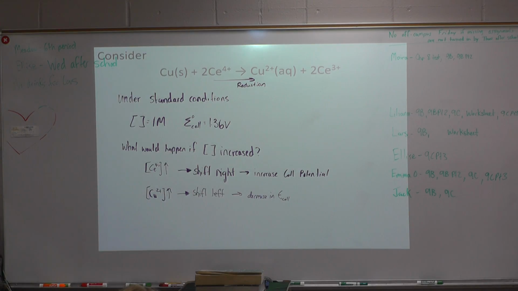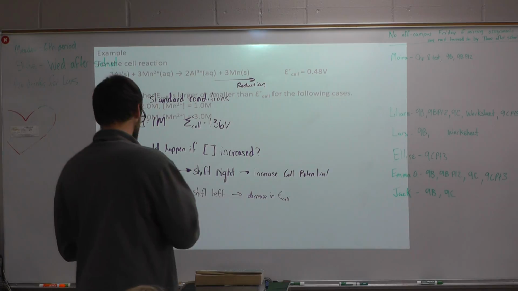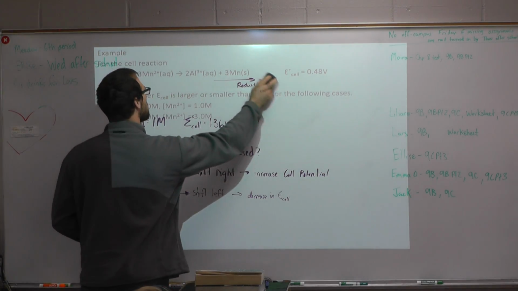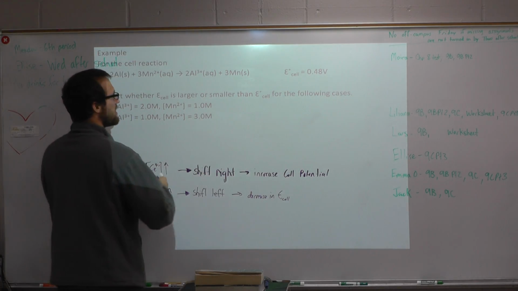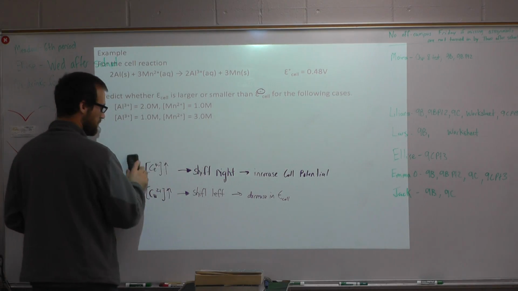I could do the opposite, but with removing concentration, correct? If I were to remove, it would shift toward. And if you add, you shift away. So with this, I want you guys to answer these two questions. And remember that this little degree symbol means what?